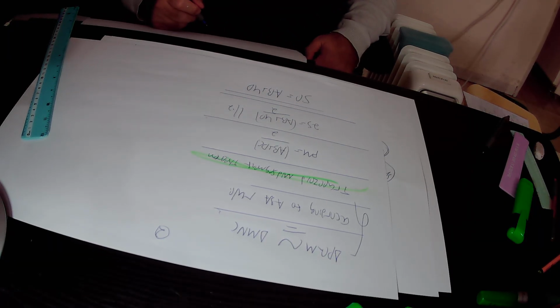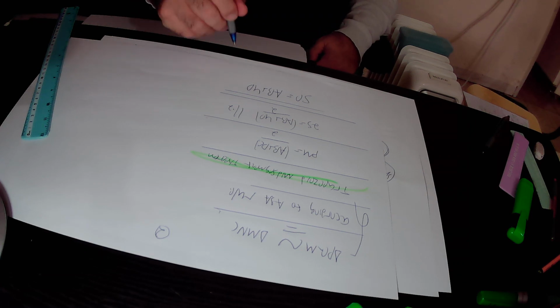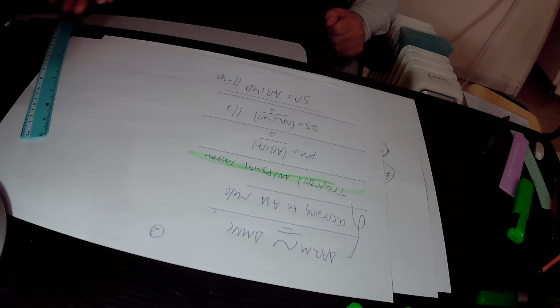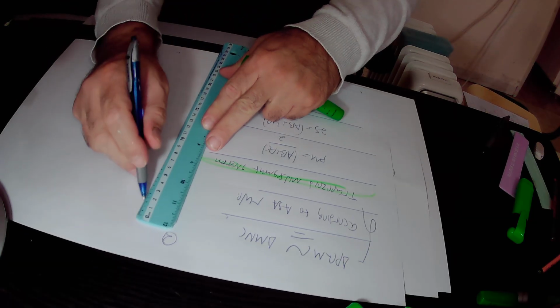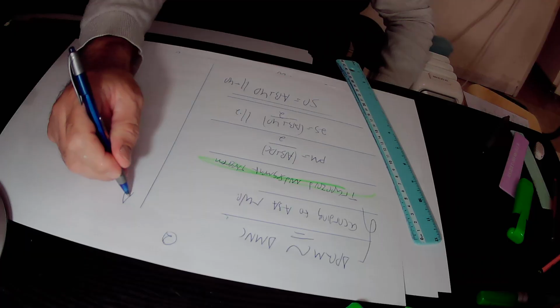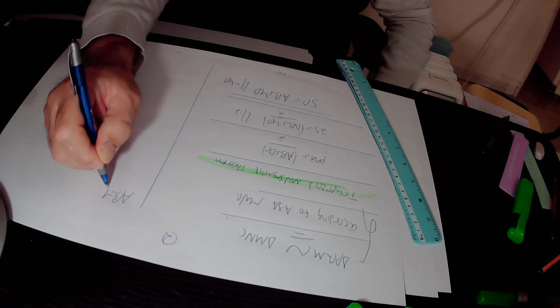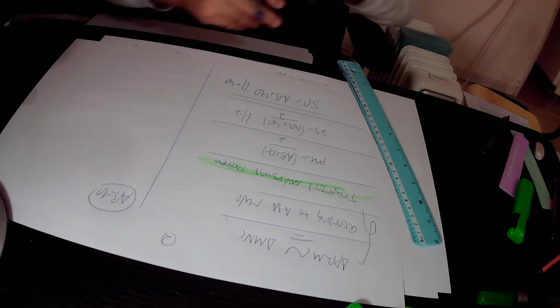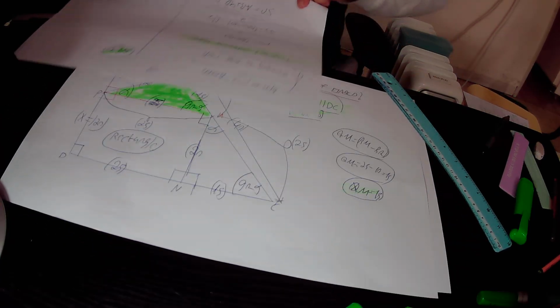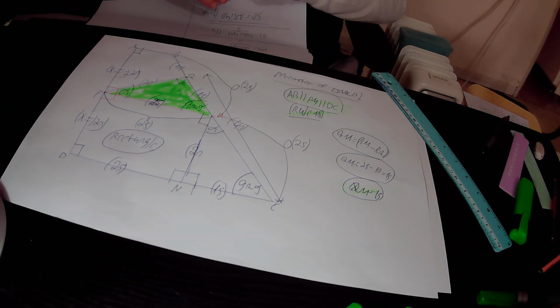Here we subtract 40 from this equation, and finally we get that the missing side AB is equal to 50 minus 40, which is 10. So AB equals 10 units in length. Again, the missing side AB equals 10 units in length.